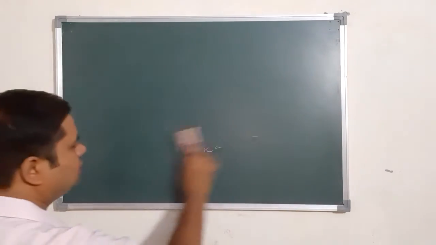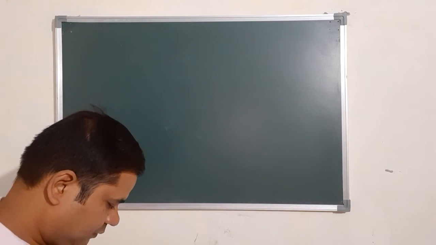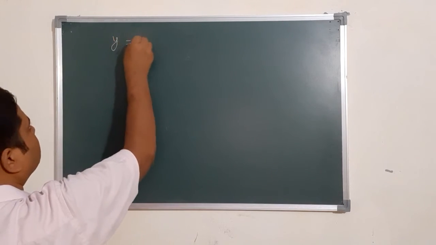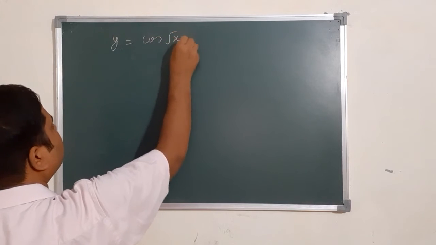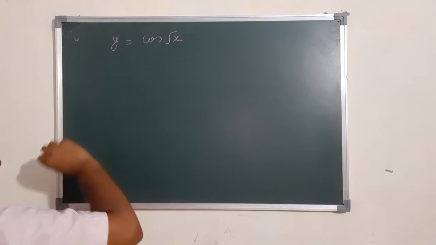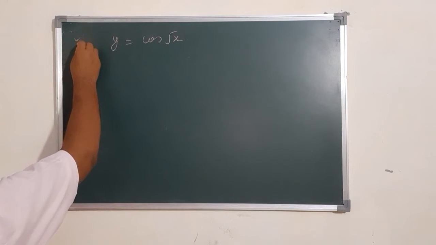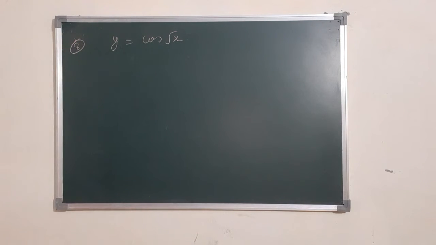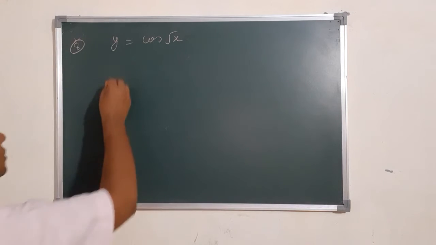Now next one is y is equal to cos root x. So this is question number 8. Now y is equal to cos root x. This means what? This is very simple.